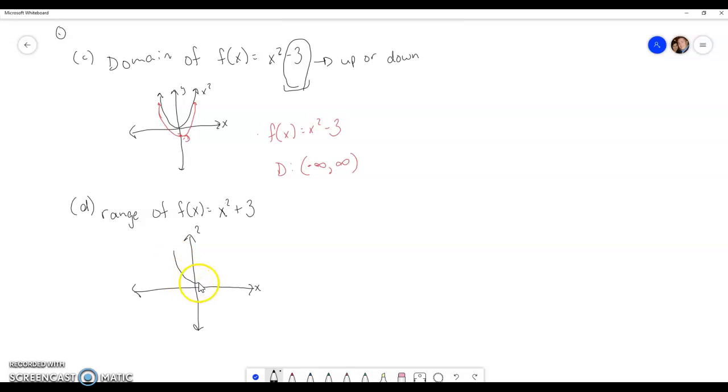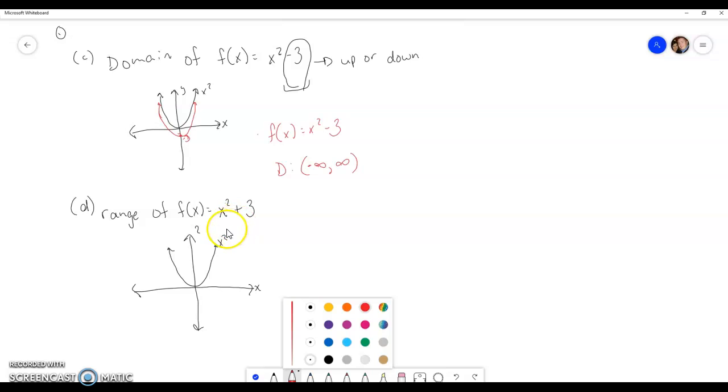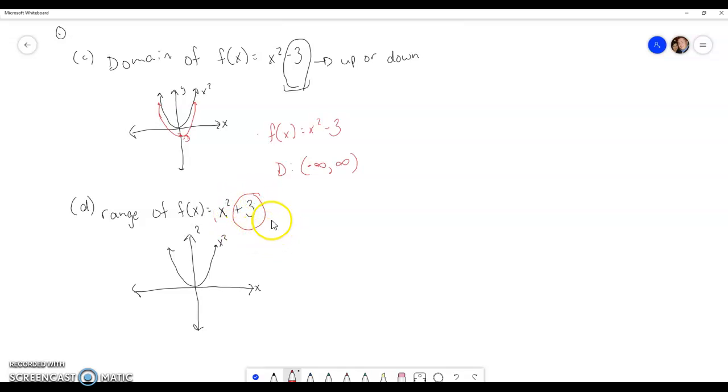So again, our x squared function goes like that. Okay? This is our x squared. Okay, now if we have that plus 3, again, it's outside of the parent function, right? This plus 3 is just adding 3 points up, right? So that means we're just going to go x squared plus 3 up here.